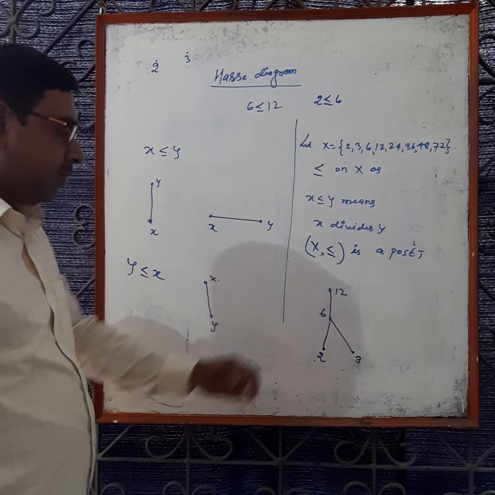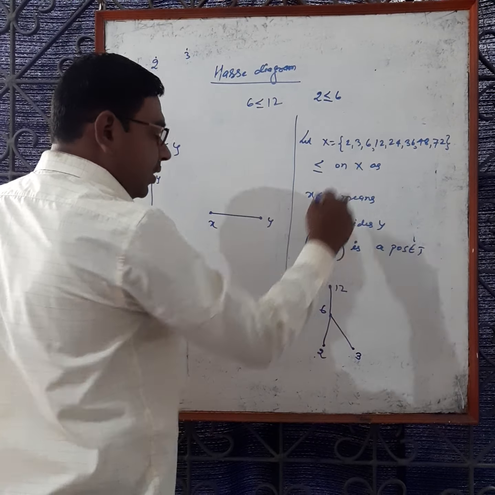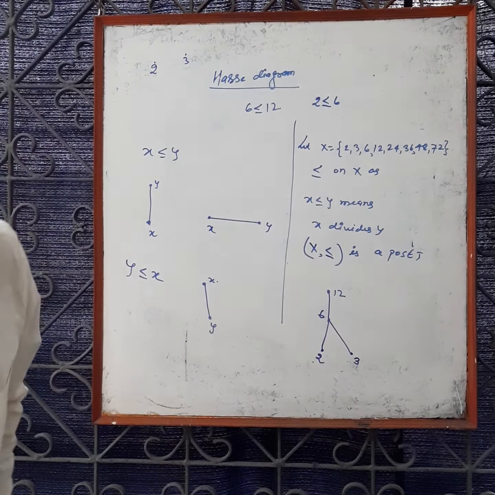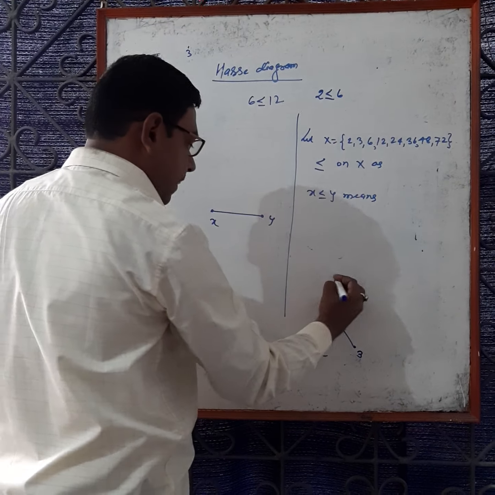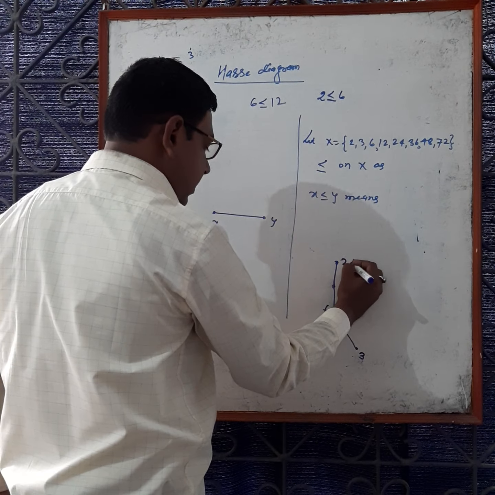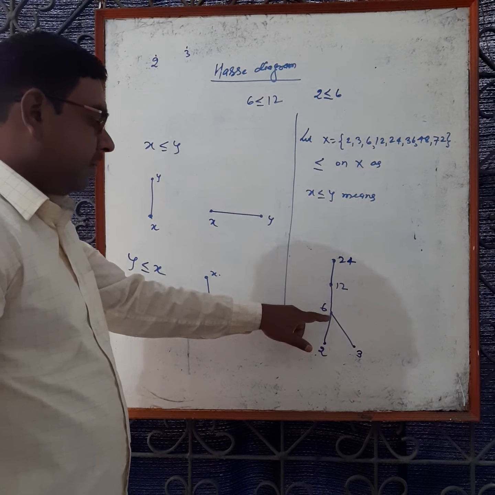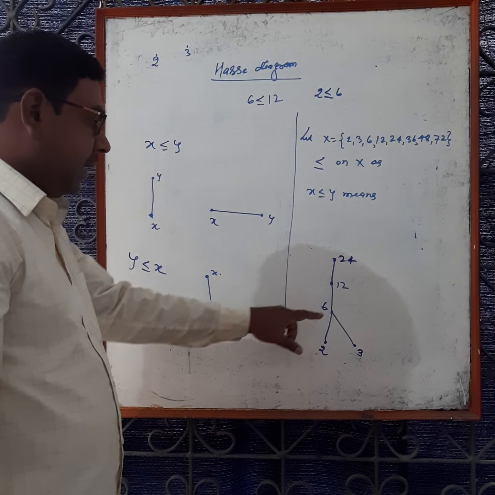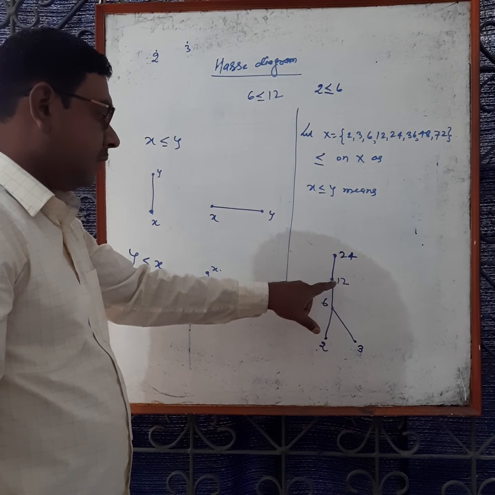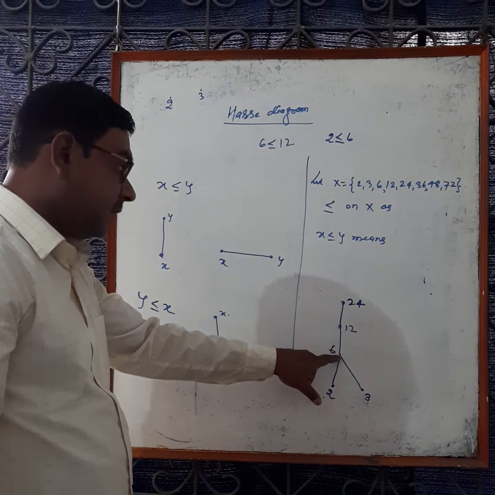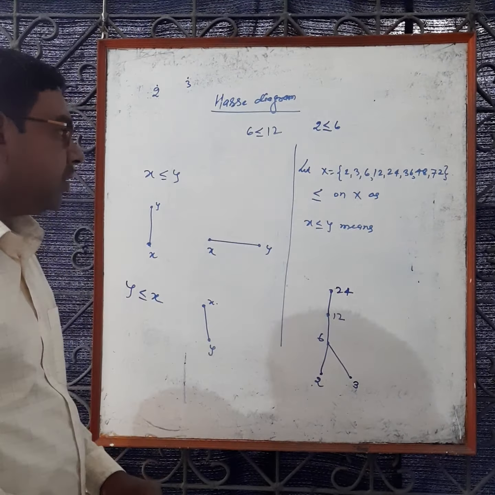Transitivity edges are not allowed here. Next, 24. 12 divides 24. Therefore, we put 24 above 12. 6 also divides 24, but transitivity is not allowed in the Hasse diagram. Here it is clear that 6 divides 12, 12 divides 24. This means that 6 also divides 24. There is no direct edge between 6 and 24.